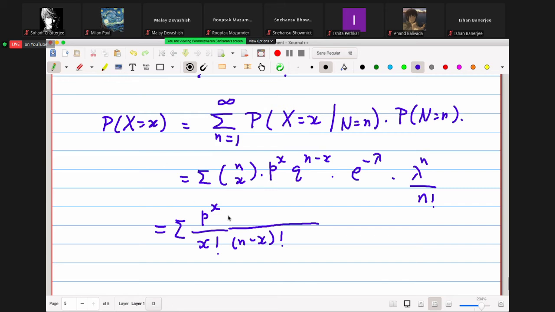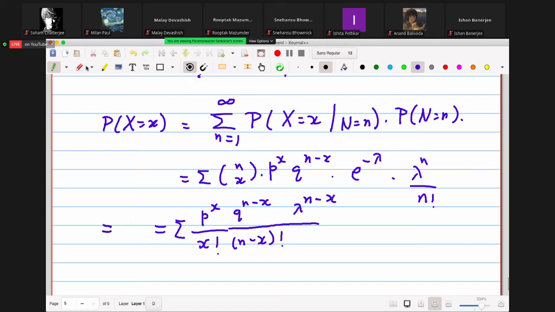See, x is a constant, so remember that, okay? And q power n minus x is also a constant. I don't need to worry. And here this n factorial goes away, I get lambda power n, which I write as lambda power x times lambda power n minus x, because I have n minus x factorial here.